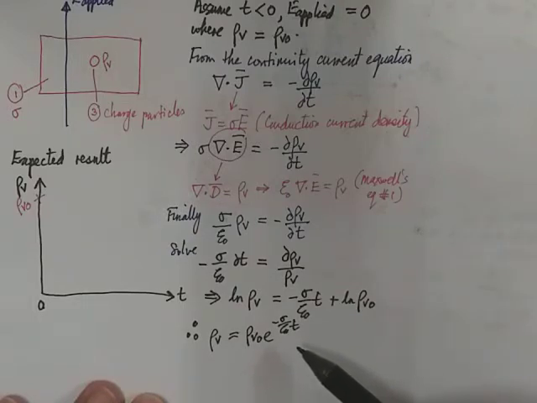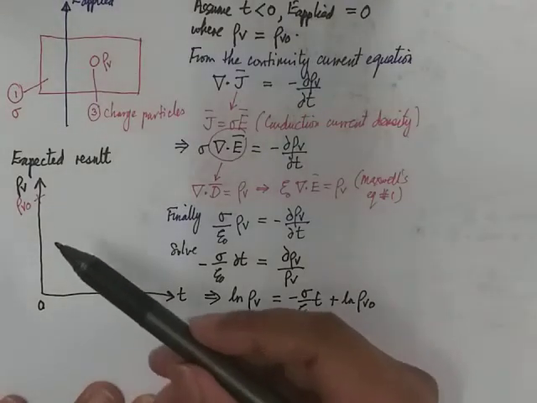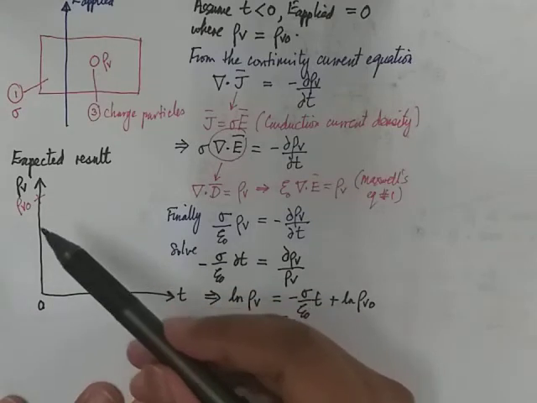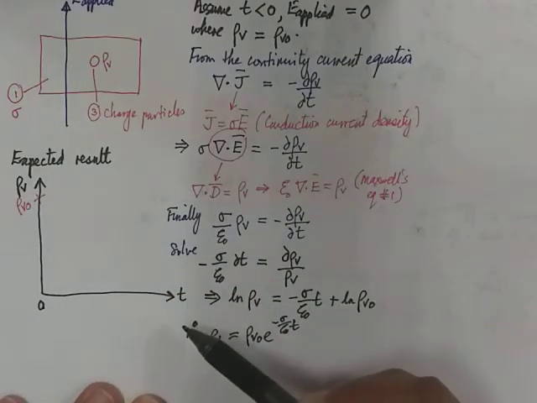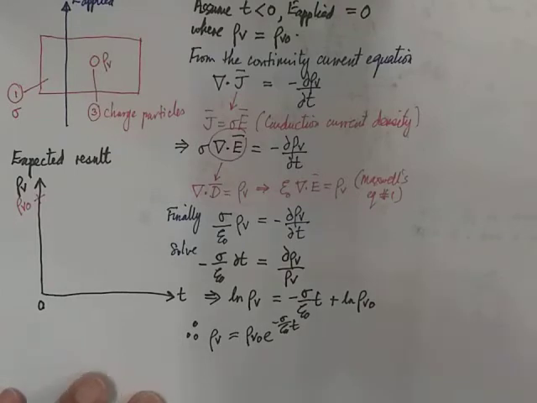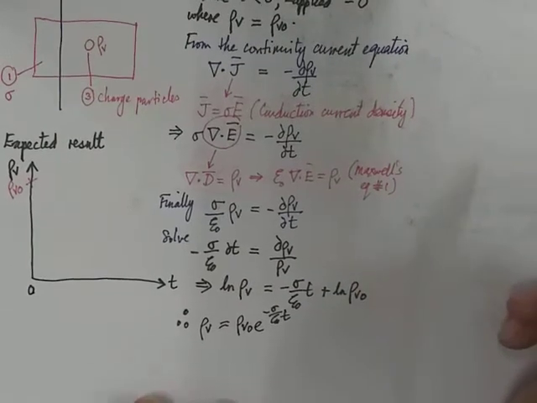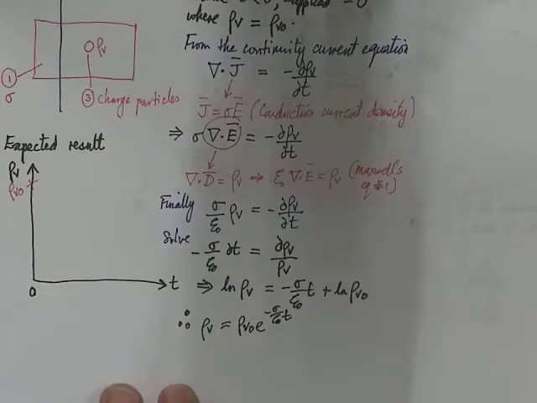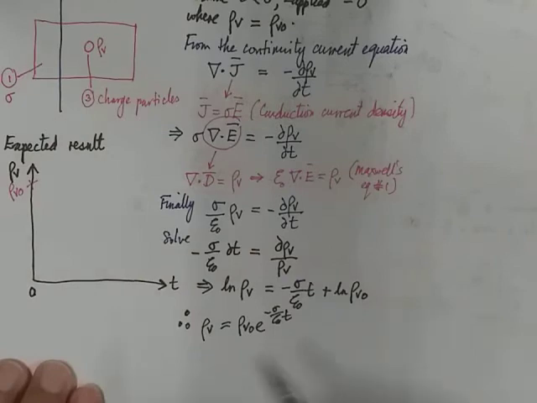So now this should be my result that I need to plot on the graph of rho v against time. Okay, let's plot the graph now. Then we know that for a conductor, what should be the value of sigma?